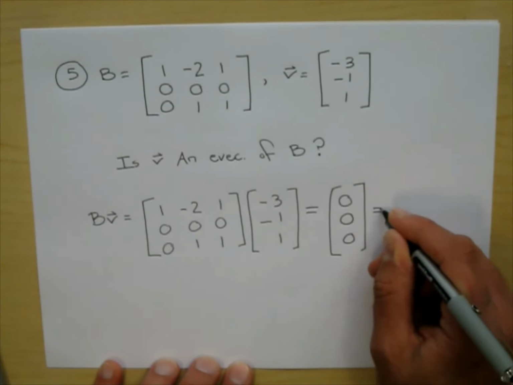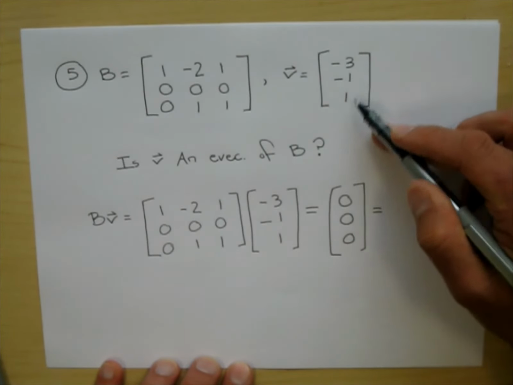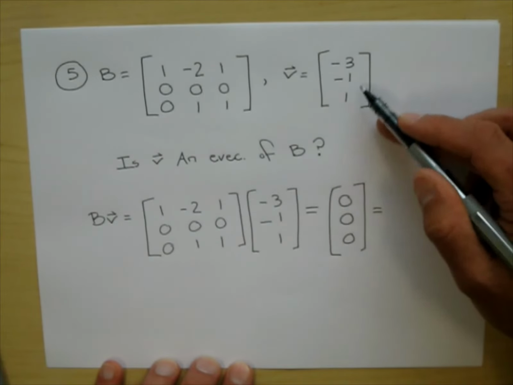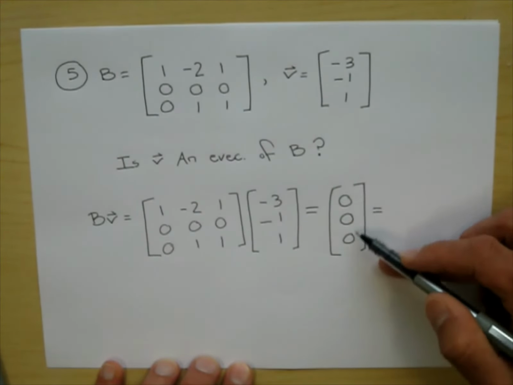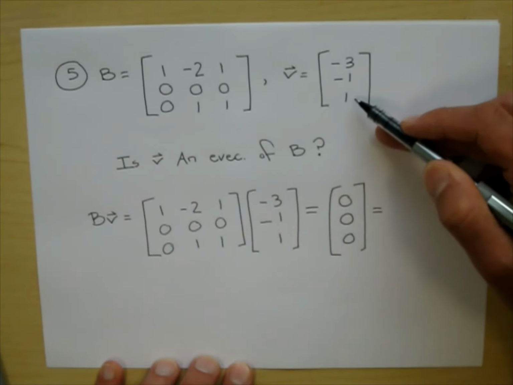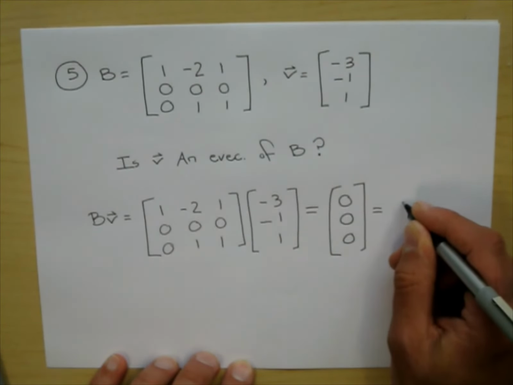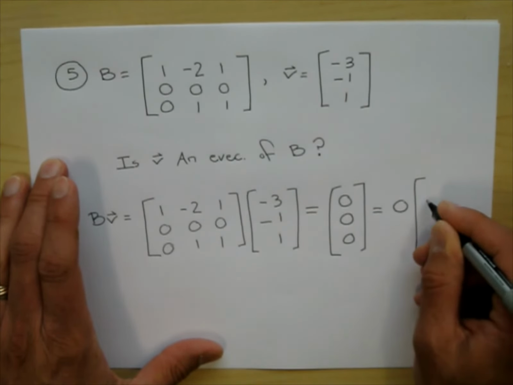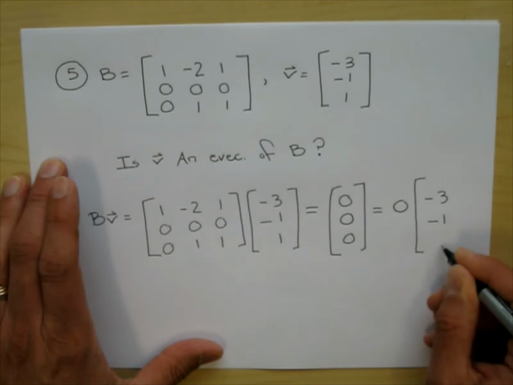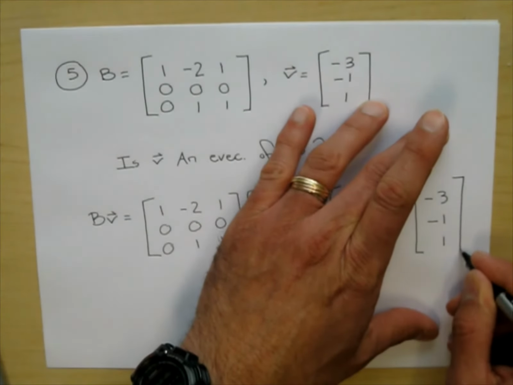let's think about this. Here's the original vector, which we're wondering if it's an eigenvector. Is this guy a scalar times this guy? And the answer is yes, the scalar is 0 times -3, -1, 1. No other scalar will work.